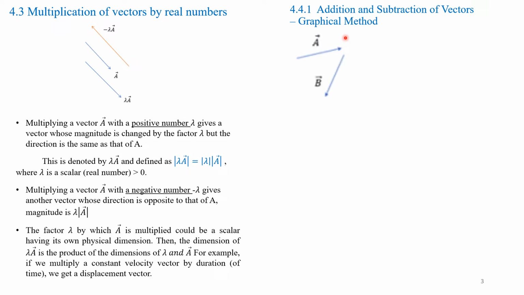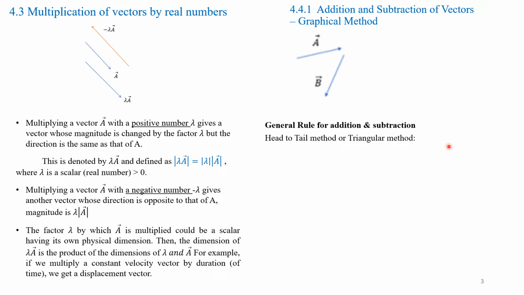Consider two vectors, vector A and vector B, as shown in the figure. We have to add vector A to vector B. The general rule for addition and subtraction of vectors is the head to tail method or triangular method.